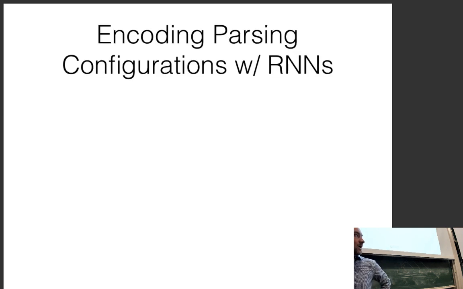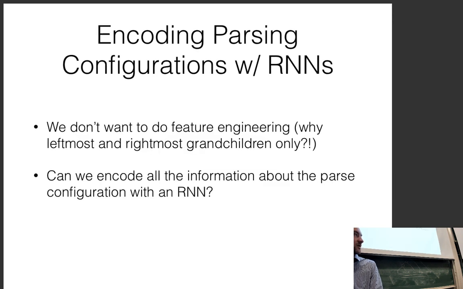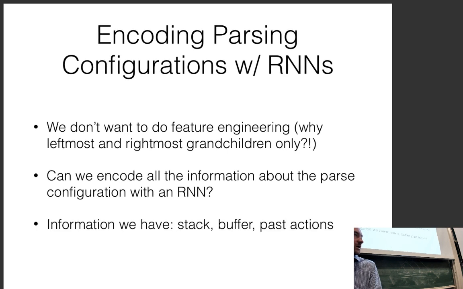And the idea is basically that we need to encode parsing configurations with RNNs. As I said before, the whole idea behind shift-reduce dependency parsing is that we need to encode our configuration in our stack and our queue. We don't want to do feature engineering. Can we encode all the information about the parse configuration appropriately? The information that we have is the stack and the buffer and the past actions.